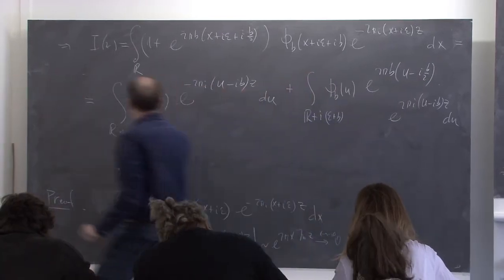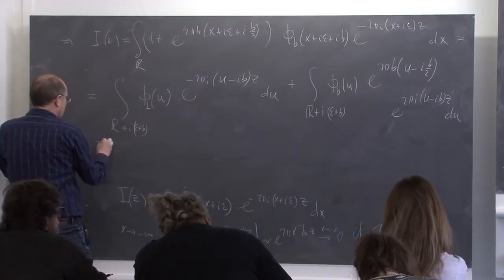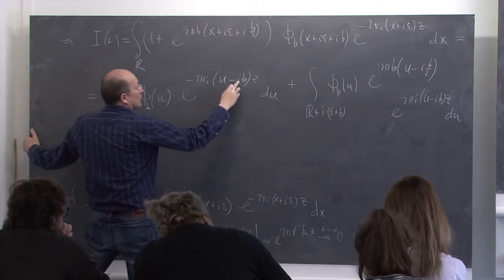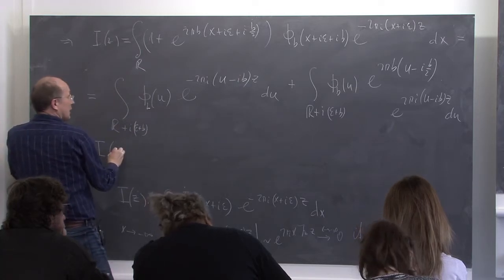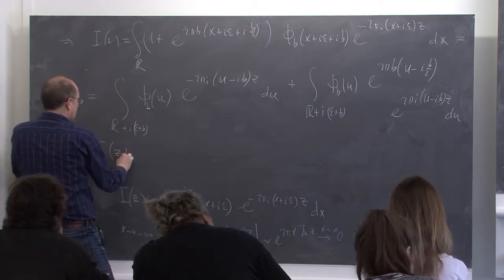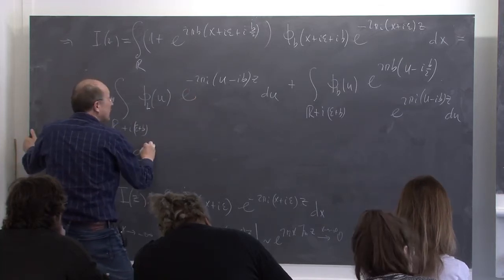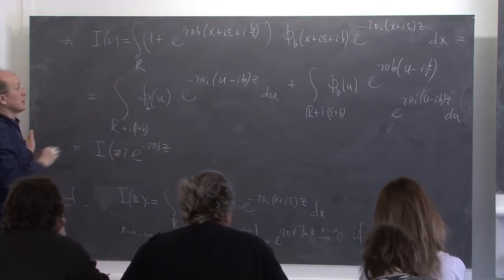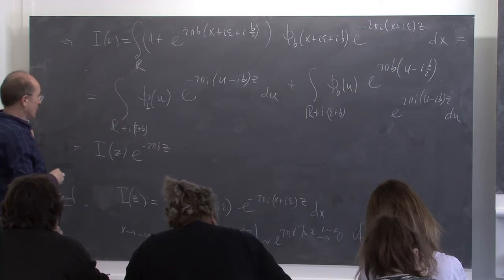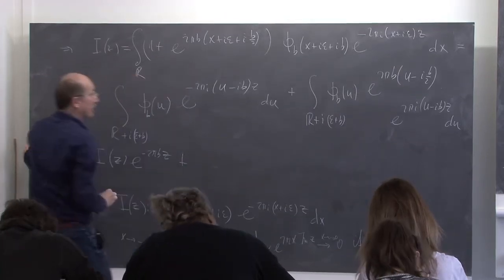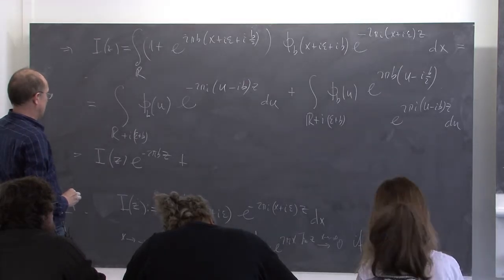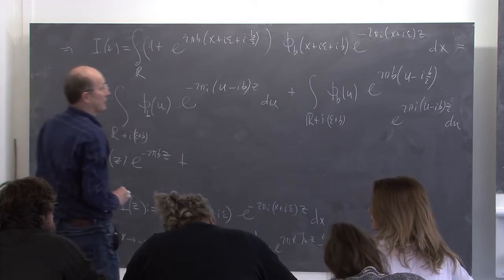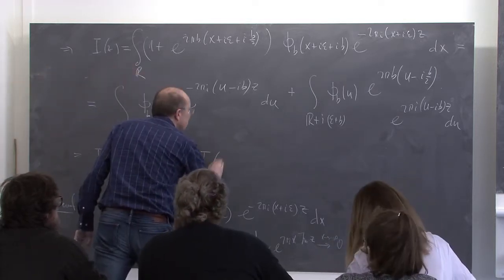And so we end up, so now we can write this in terms of I of z. Right? This part is constant, so this is equal to I of z times e to the minus 2 pi b z. Right? The first integral. And the plus I of what?